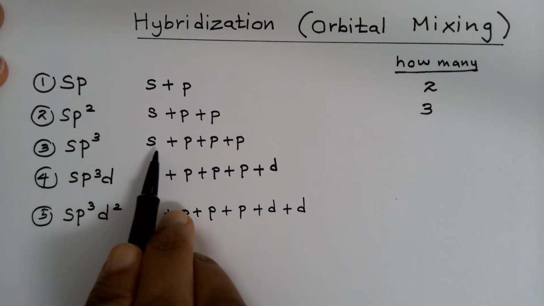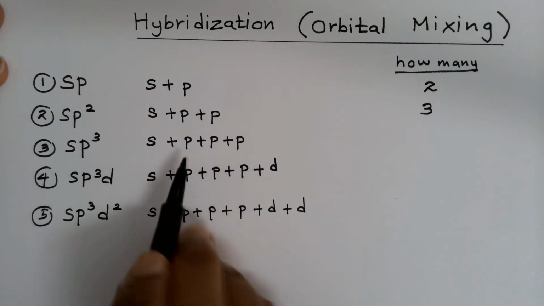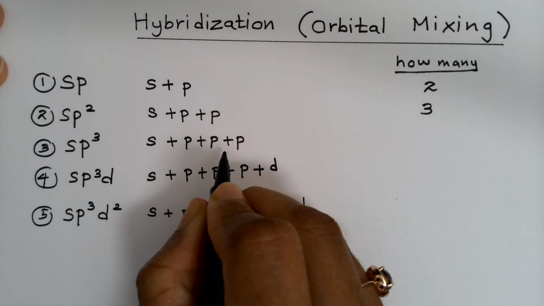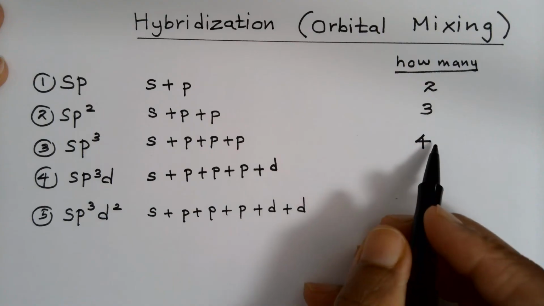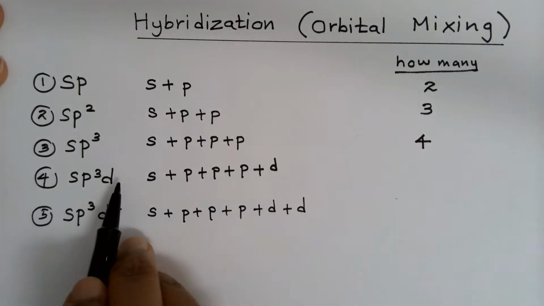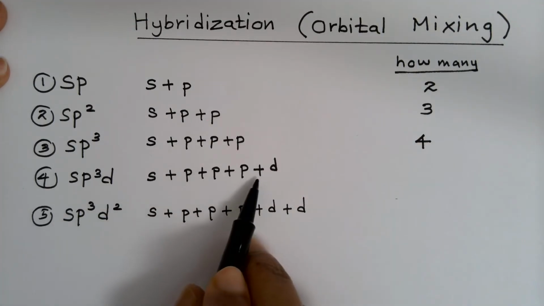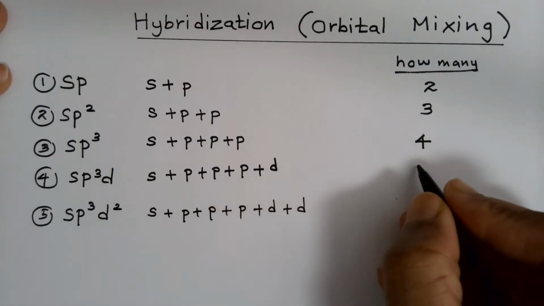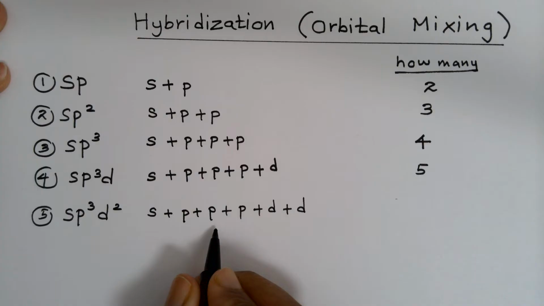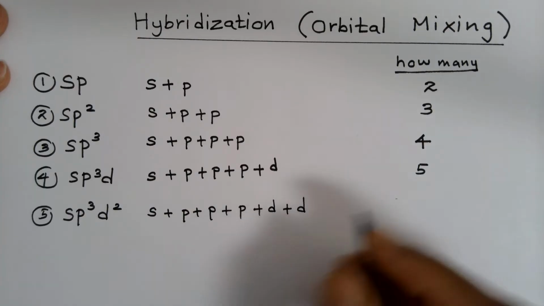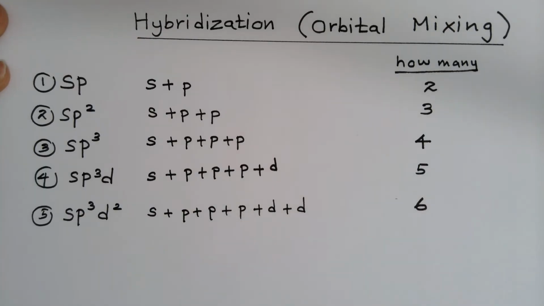In sp3, 1 s and 3 p's, so 4 orbitals are mixed together to make 4 hybridized orbitals. And sp3d, so 5 orbitals are mixed together to make 5 hybridized orbitals. And sp3d2, 6 orbitals are mixed together to make 6 hybridized orbitals.